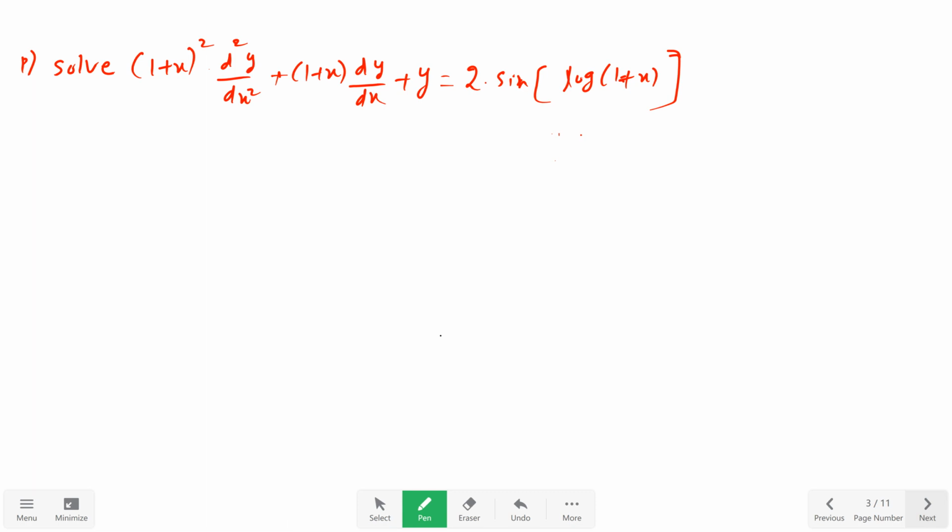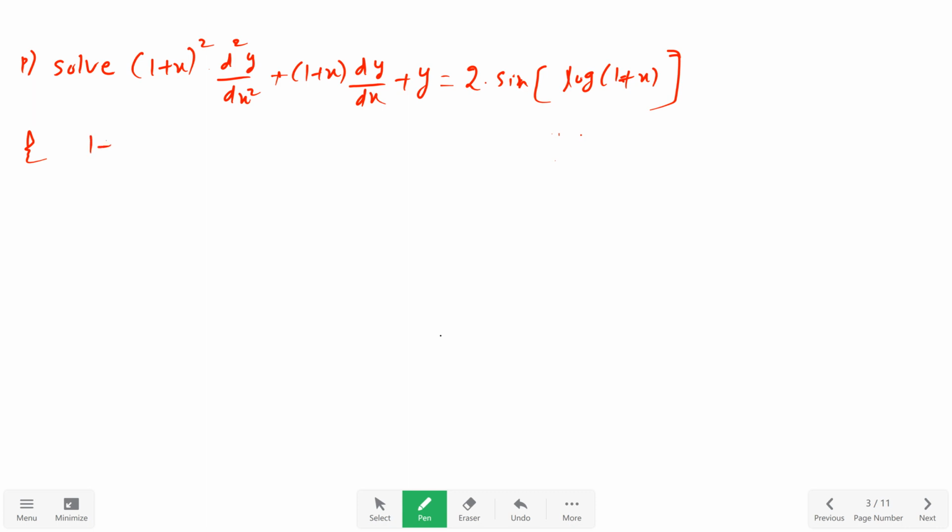The example is: solve (1 plus x) whole square into d square y by dx square plus (1 plus x) into dy by dx plus y is equal to 2 into sine of log of (1 plus x). Now it can be written in operator form.